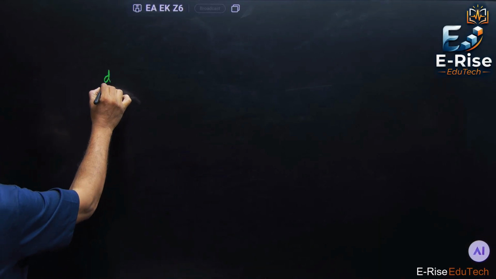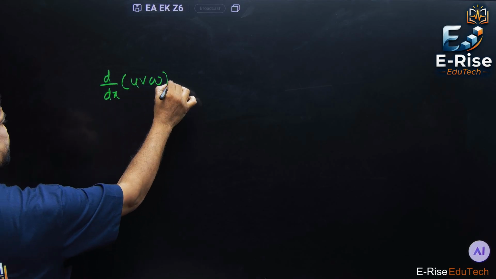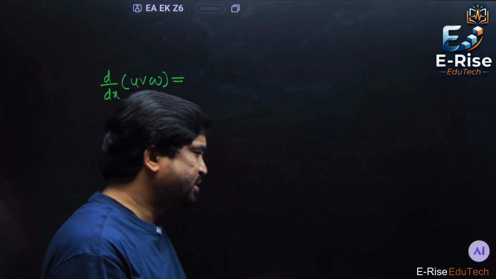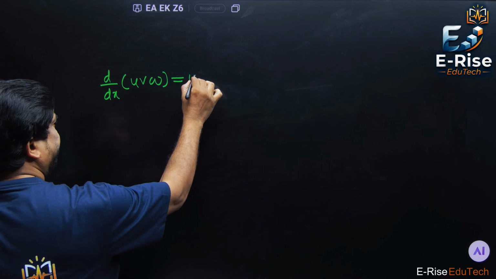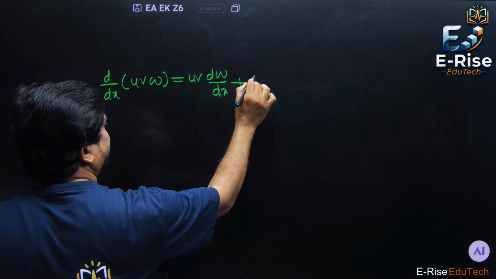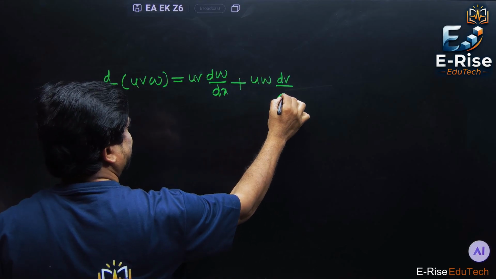Next one: d by dx of uvw. That is equal to what? uvw, three terms are given. uv dw by dx plus uw dv by dx.